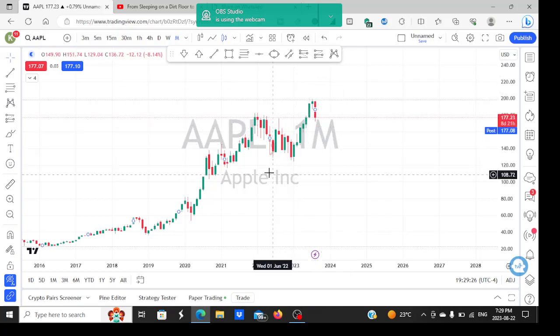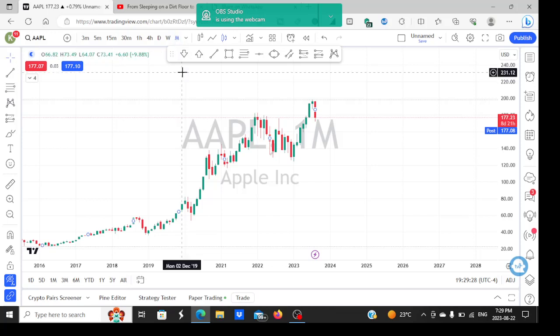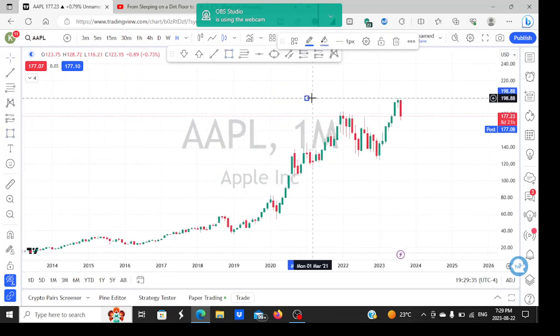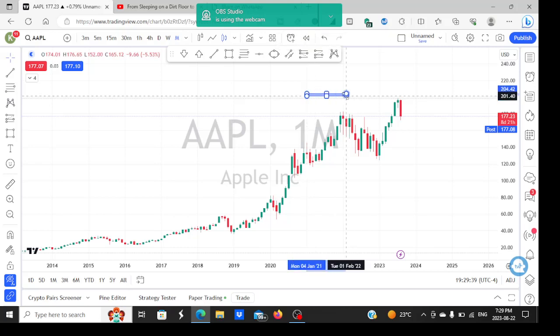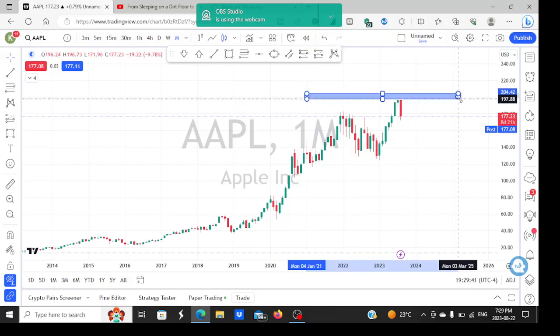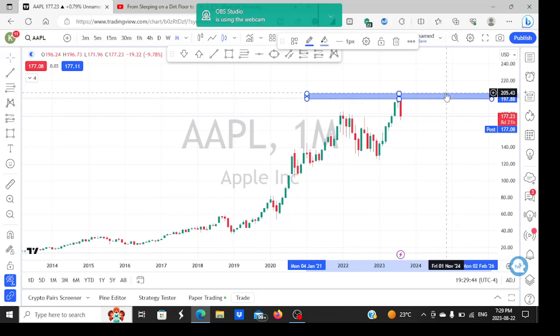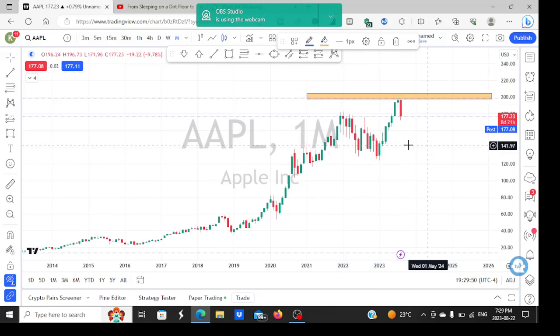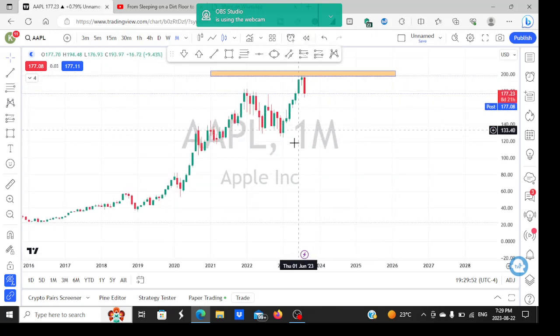Okay. So we will mark these levels off. Let's get this open up. So that's my monthly, and I need to put my monthly in a gold color, and then another extreme of this candle.